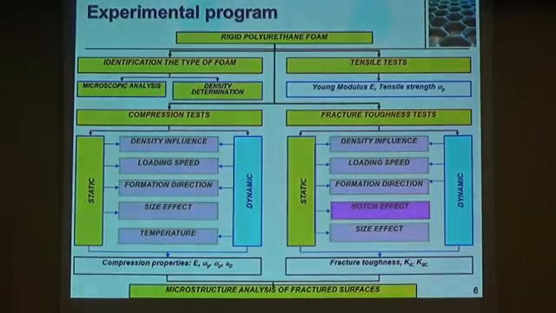Our experimental program consists first of identification of the type of the foam, then we performed some compression tests. We looked at the influence of the density, loading speed, formation direction, size effect, and the temperature influence. Then we did some tensile tests and some fracture toughness tests, where we look again at the density, the loading speed, formation direction, notch effect, size effect.